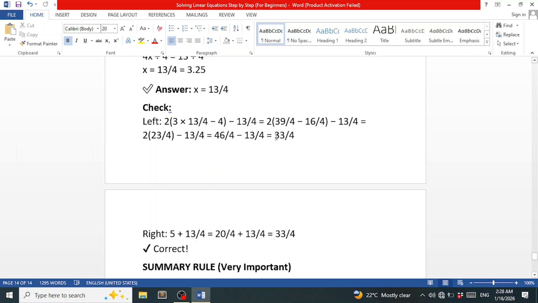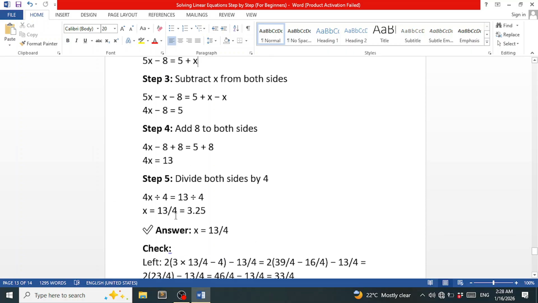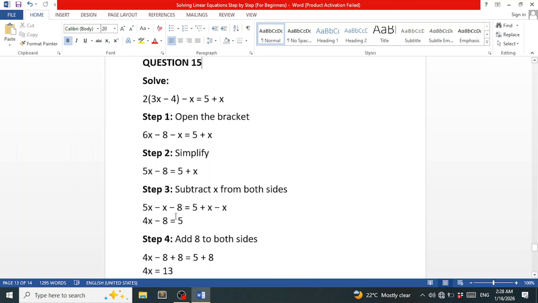So on the left side you've got 33 over 4. Let's check if the right side is also correct: 5 plus x, that is 5 plus 13 over 4.